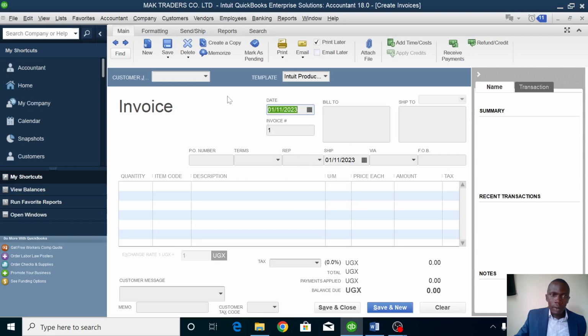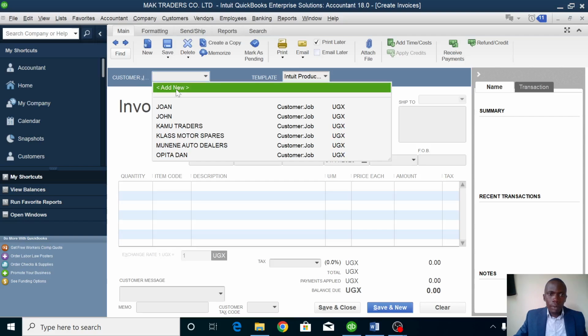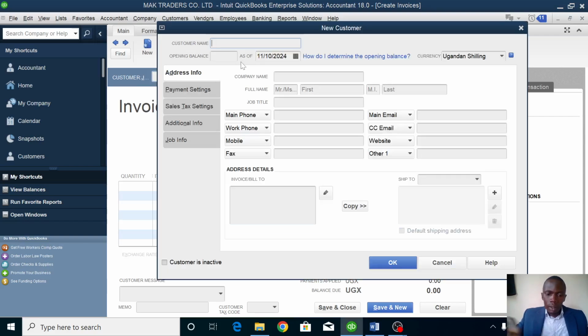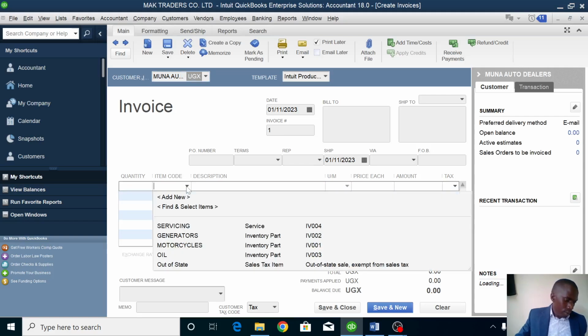Let's change it to 11th. Muna, we don't have Muna, so we create a customer. Muna auto dealers. So we say okay.